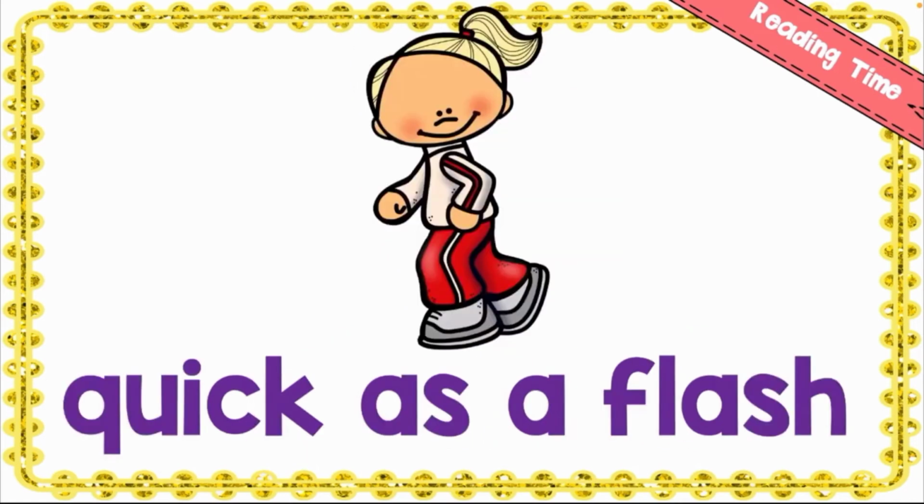Quick as a flash. When something or someone is as quick as a flash, it means you run at the speed of light, like so fast. You run very, very fast.